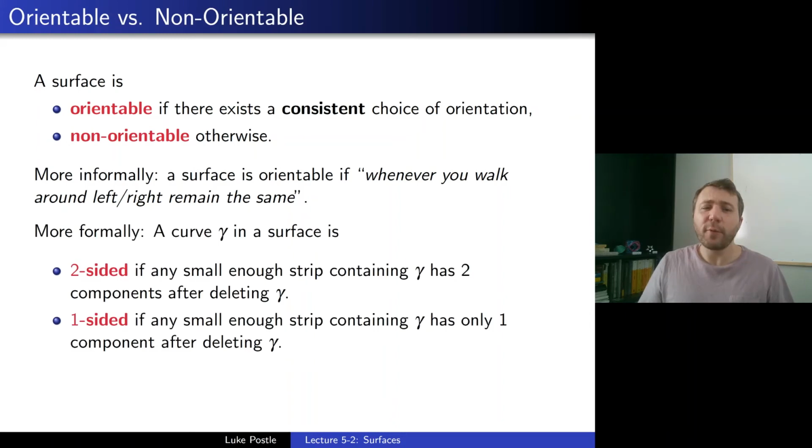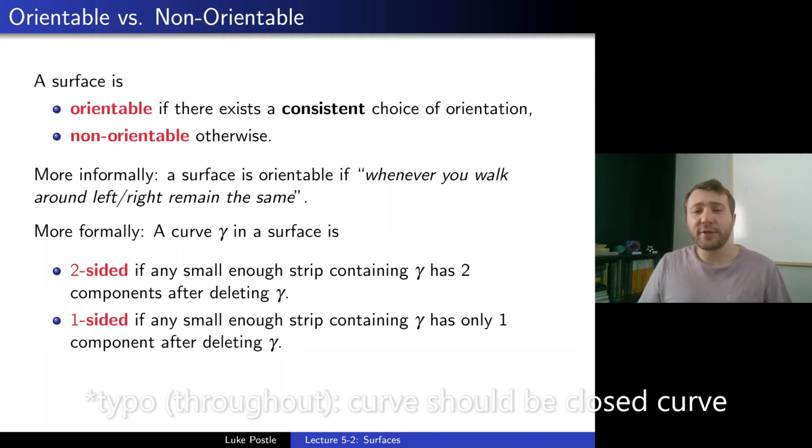There's a more formal way to say this. We say a curve gamma in a surface is two-sided if any small enough strip containing gamma has two components after deleting gamma, and one-sided if it only has one such component. So what you're imagining is, when we said walk around, what we really care about is when you walk around and return to your starting point. That's the idea of a closed curve, so this should be for closed curves.